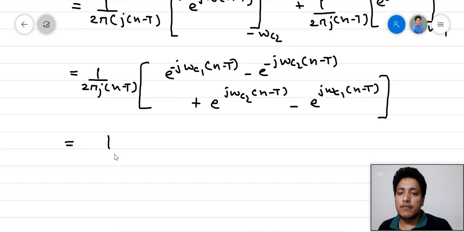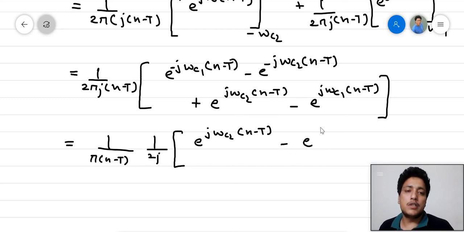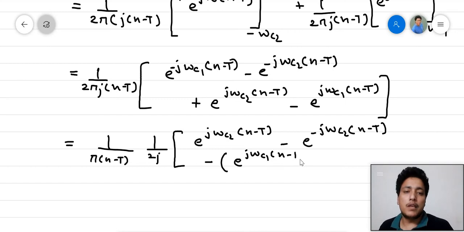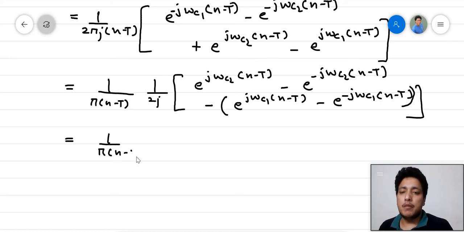Rearranging the terms will give 1 by pi (n minus tau) times 1 by 2j [exponential j omega c2 (n minus tau) minus exponential minus j omega c2 (n minus tau)], then taking minus common, [exponential j omega c1 (n minus tau) minus exponential minus j omega c1 (n minus tau)].